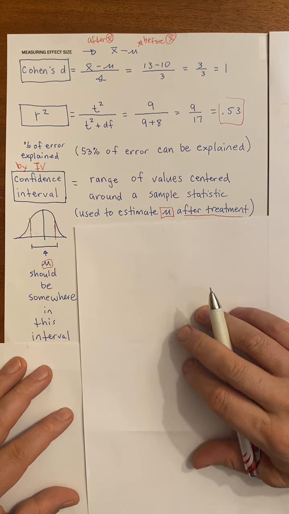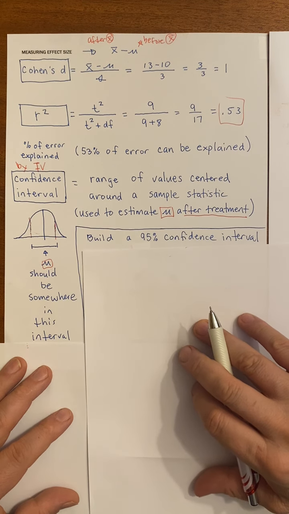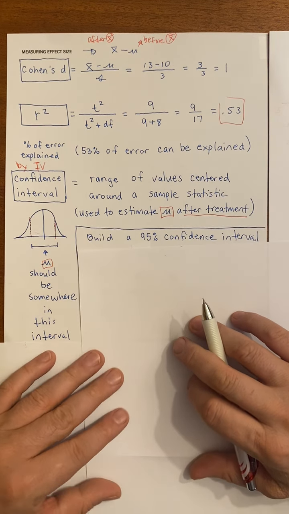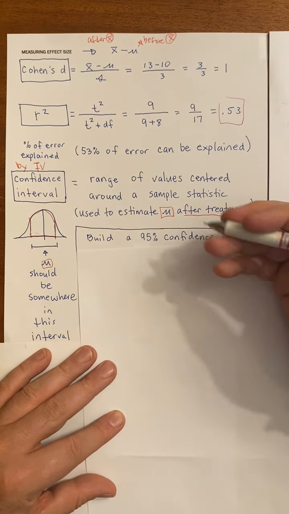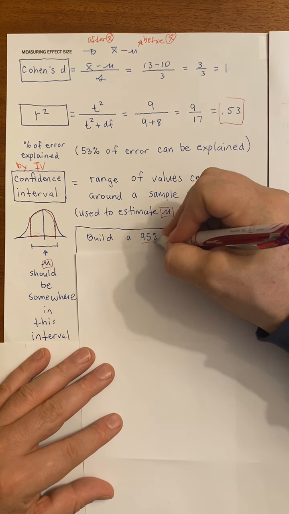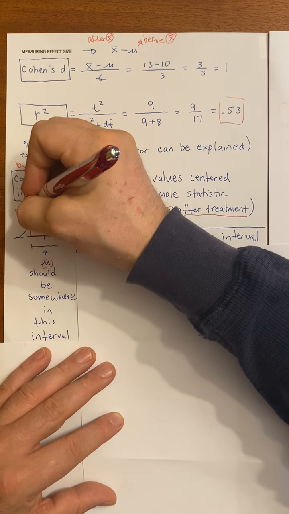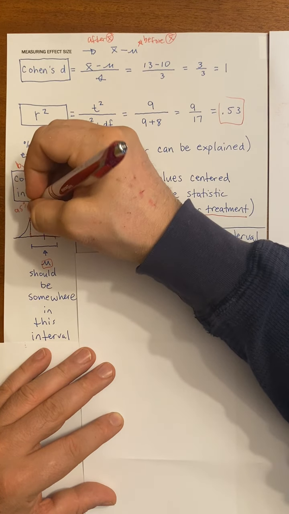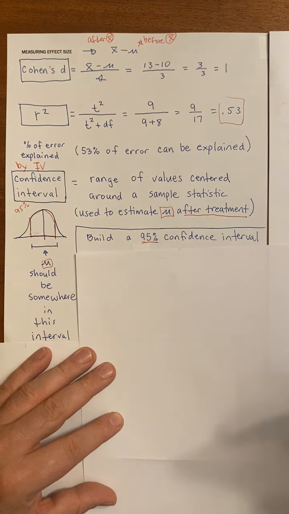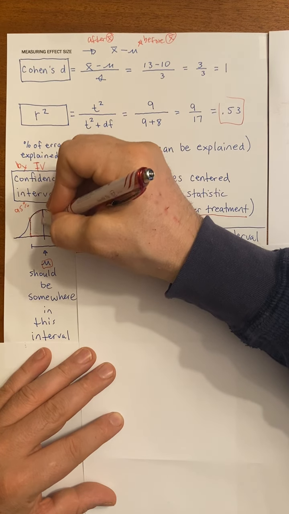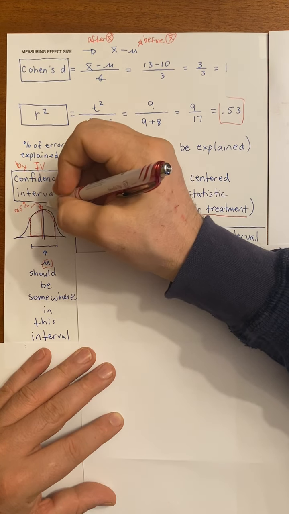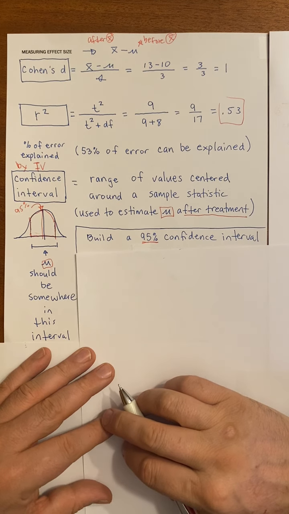Okay, so how do we figure that out? Well, first we want to know how big that interval is going to be. The way that we do that is we identify some percent. Right here I'm saying it's a 95% interval, just like we've been talking about in previous chapters, that middle 95% of the curve.